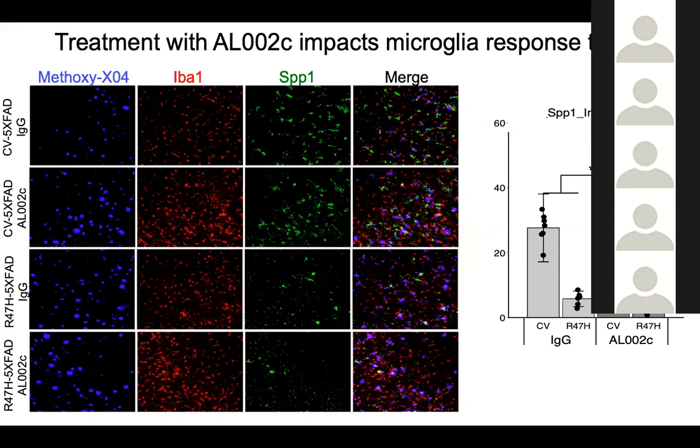So we finally stained the brain section for IBA1 and a marker of inflammation, SPP1. And we found that AL002C significantly decreased the expression of SPP1 in microglia in both genotypes.